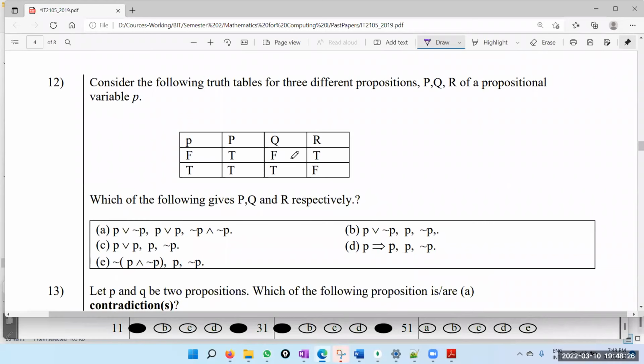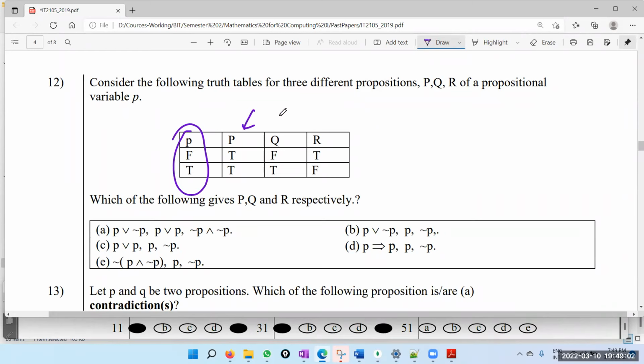Question 12. Consider the following truth table for three different propositions. Capital P, Q, and R are propositions, and we have a propositional variable, simple p, which can be false or true.